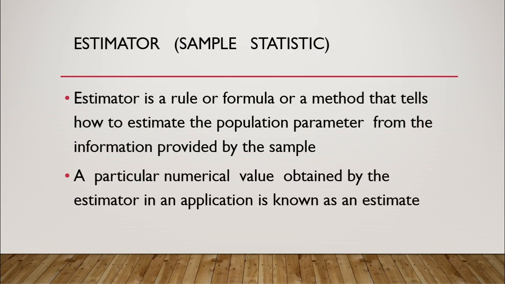So an estimator is a rule or a formula or a method that tells how to estimate the population parameter from the information provided by the sample. As I have already mentioned, we are always trying to estimate the population parameter from the information provided by the sample, and estimators help us to estimate the true population parameter on the basis of sample data.